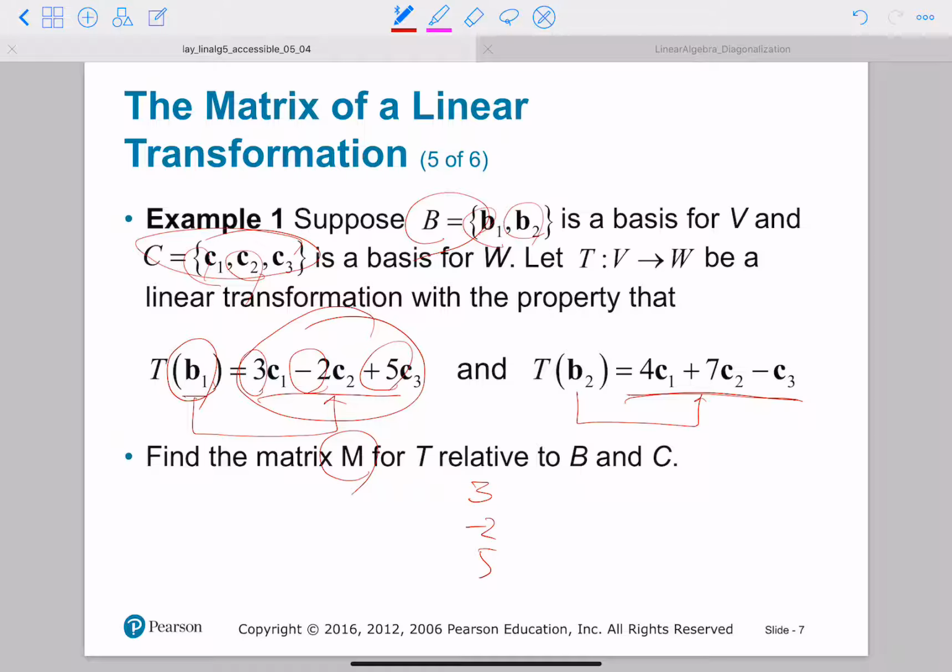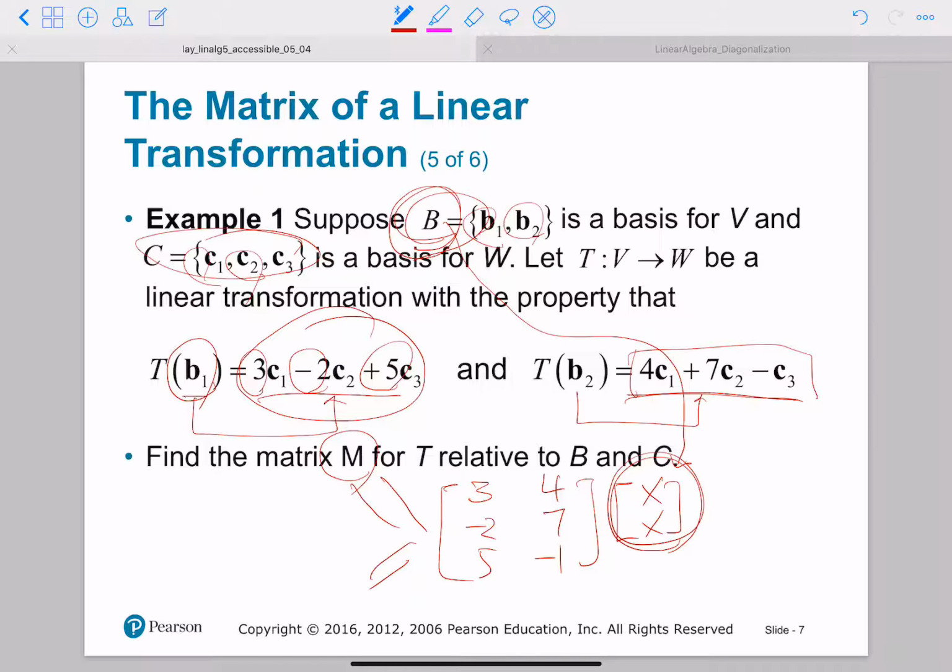And then B2 after transformation is represented as 4, 7, -1. So this is our M. It takes the input represented as this B coordinate, and the output, a three-dimensional coordinate vector, consists of the linear combination coefficients assigned to our basis in the output domain, C1, C2, and C3. Okay.